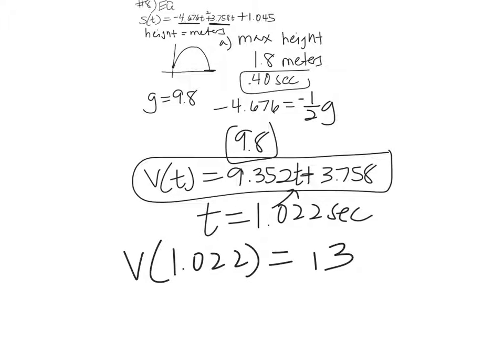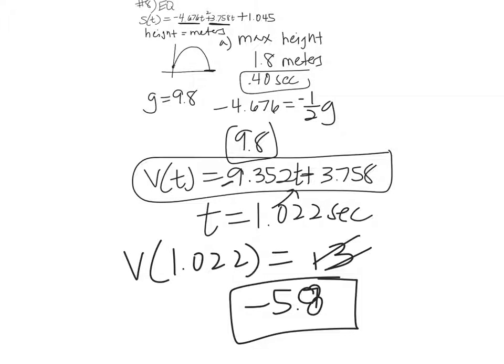No, that's not even right. Oh, it's negative. Dang it. Sorry, guys. Let me just insert a negative there. Seems like it can't be positive. It's going down, right? Negative 5.79, negative 5.8. Negative 5.8, we're in meters per second.